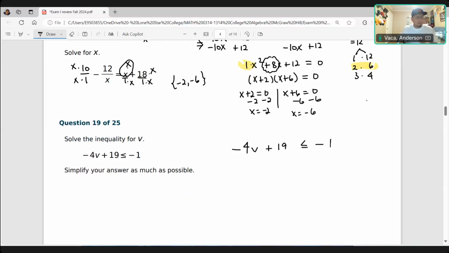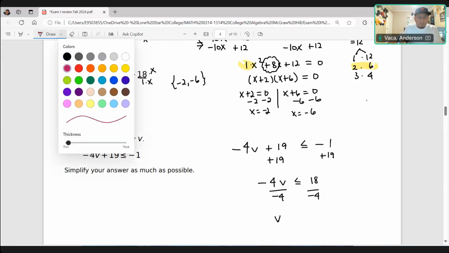Just like if we were solving an equation, let's isolate the variable. Negative 4 times v is less than or equal to 18. Divide by negative 4. But this is where it gets tricky.